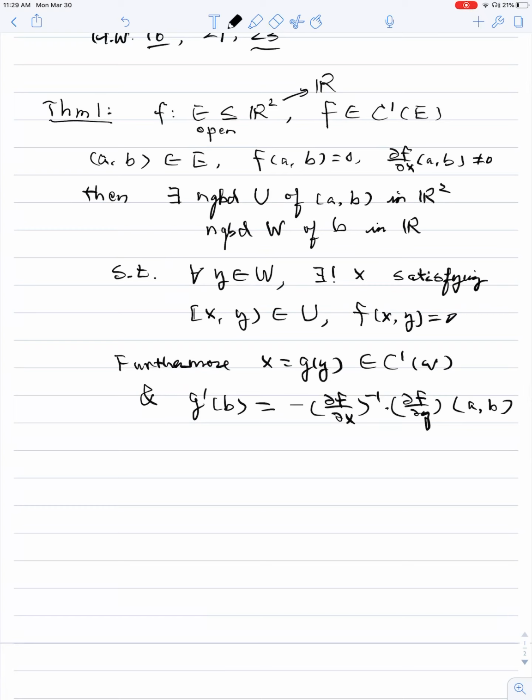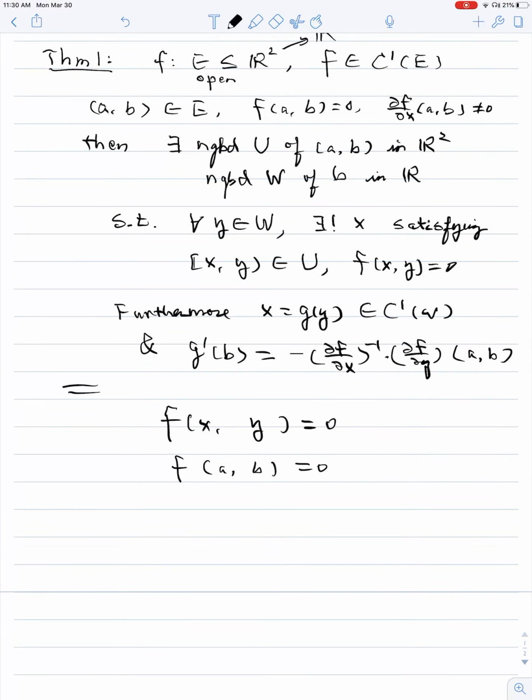Okay, before we prove it, let's try to understand what it means. Suppose you have a function f(x, y), and you have an equation f(x, y) equals 0. Suppose (a, b) is one solution of this equation.